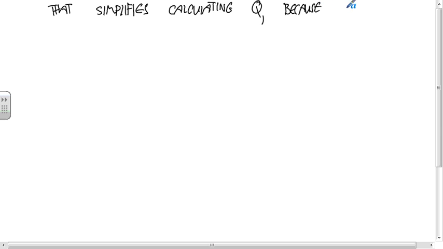And so what that means is that simplifies calculating Q, because it's only at one place. So we can just come up with a formula for Q for a circle.